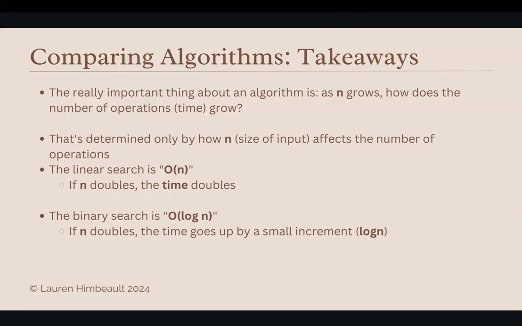If you can imagine what those two different graphs look like, one is going to be straight up a diagonal, because as n is getting bigger, the time is growing at the exact same rate. But in the other graph, a log base 2 of n scenario, as n is growing, it sort of tapers off a little bit, and we end up with more of a plateau than a direct straight line diagonally.